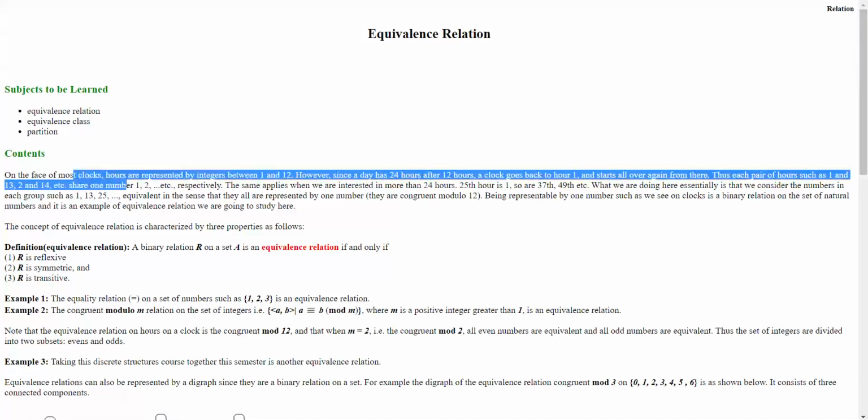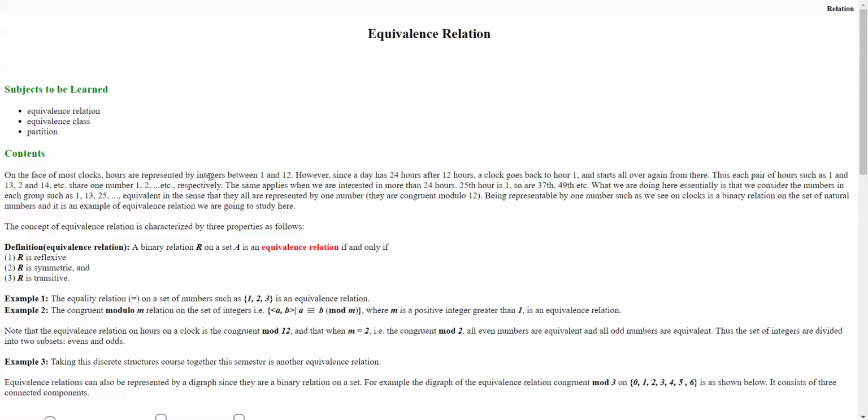On the face of most clocks, hours are represented by integers between 1 and 12. However, since a day has 24 hours, after 12 hours the clock goes back to hour 1 and starts all over again. Thus each pair of hours, such as 1 and 13, 2 and 14, share one number. The same applies for more than 24 hours: the 25th hour is 1, so are the 37th and 49th.